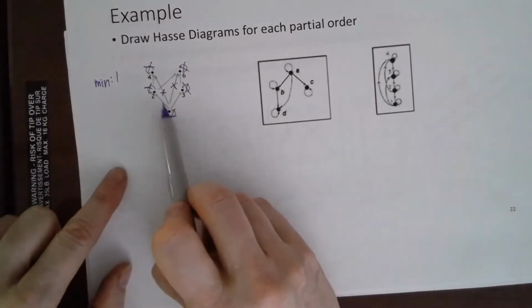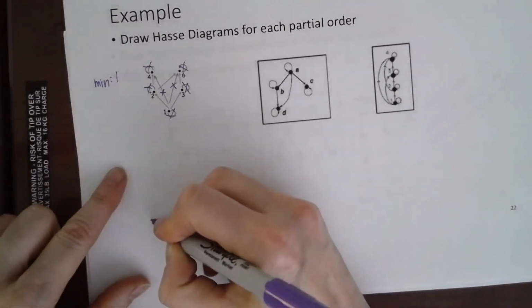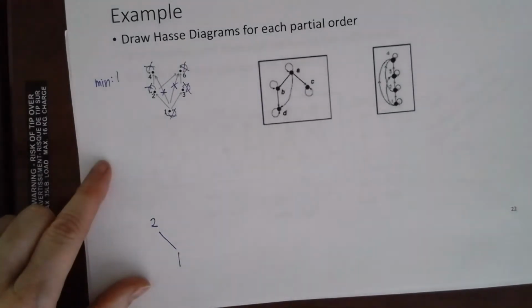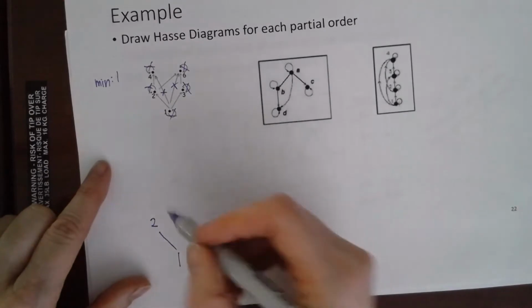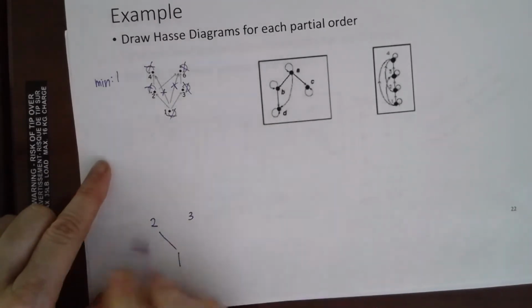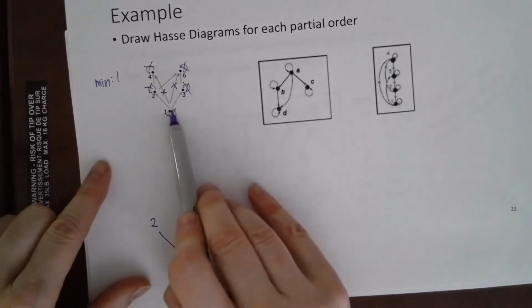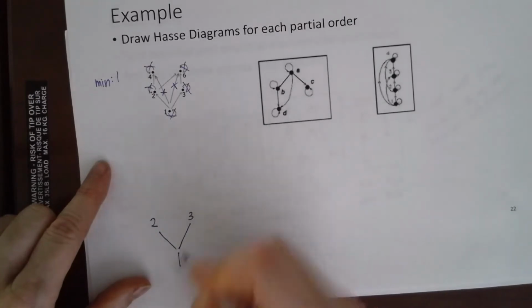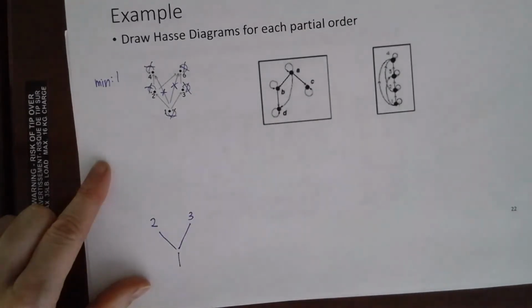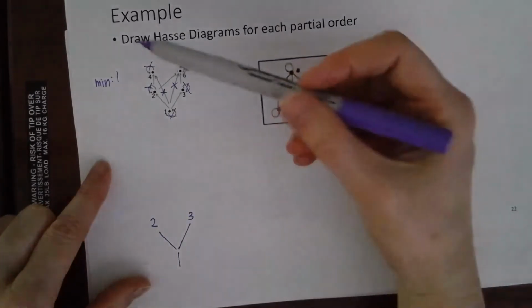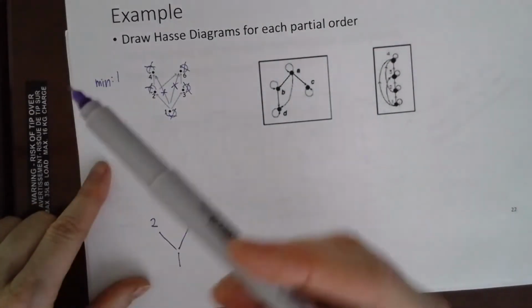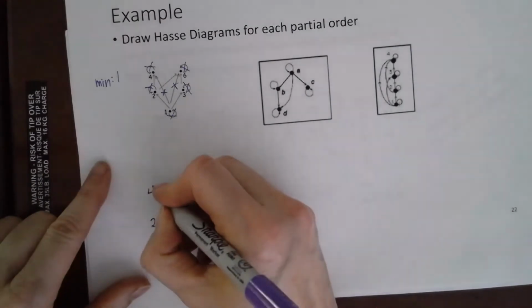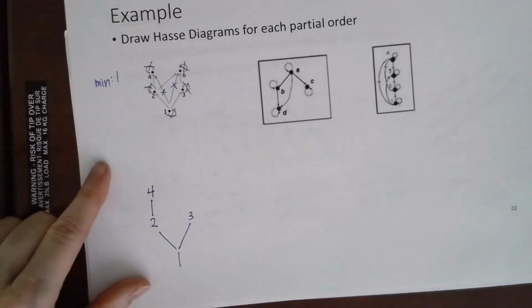I'll still need the 1 to 2, and 2 has to go higher than 1. There is no relationship between 2 and 3. There's no edge there, so I can put 3 on the same level as 2, but it has to be above 1 because of that relationship. So I'll have the 1 to 3. And then when I put 4 in, that's going to have to go above 2 because it's related to 2, and there'll be an edge there.